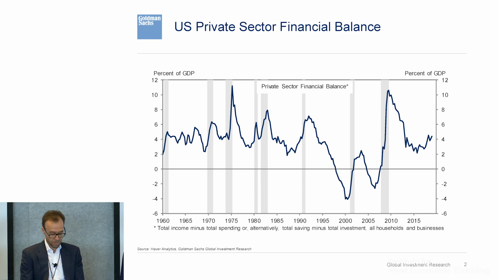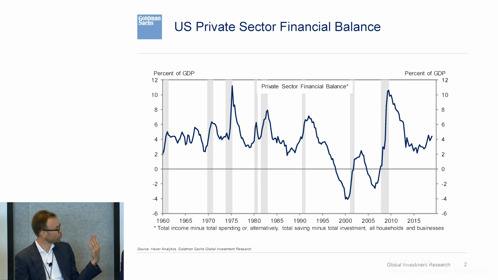And so this chart here just shows the US time series going back to 1960, and you can nicely see that there was a problem in the late 1990s, and there was a problem in the mid-2000s.